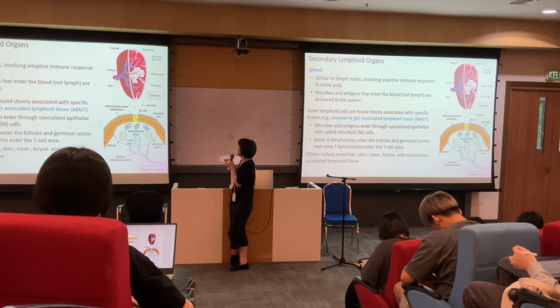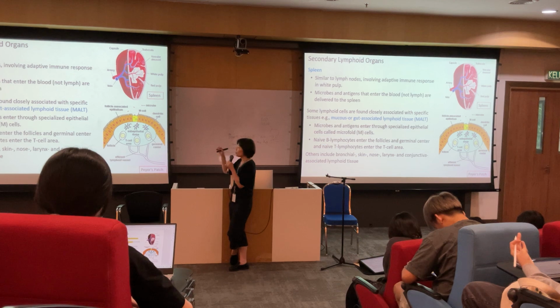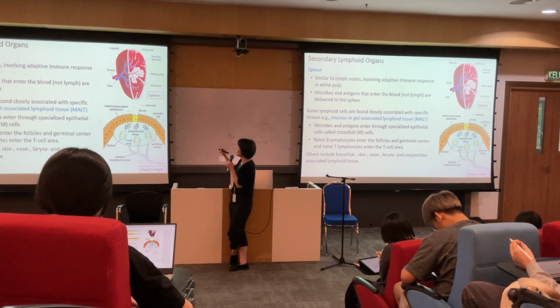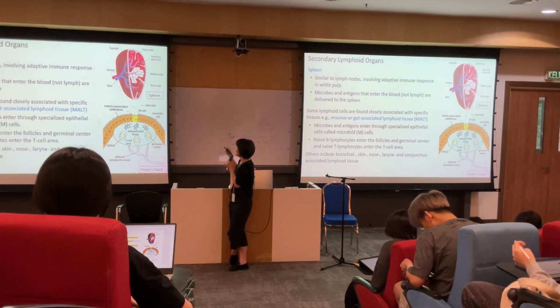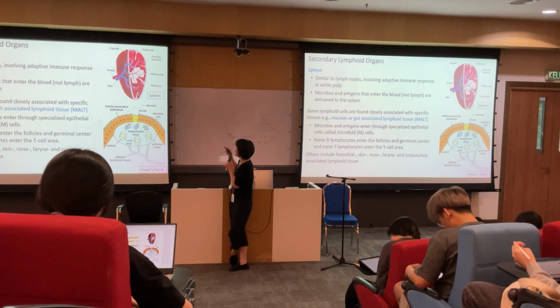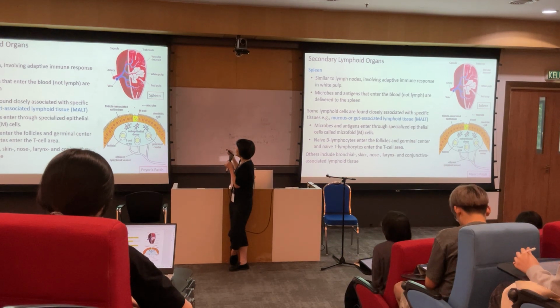But for the spleen, when antigens go into our blood circulatory system, those microbes or pathogens can be brought not to the lymph node but to the spleen, because they travel through the circulatory system. They go here, and there are T cells and B cells residing inside the spleen, activating the B cells and T cells here.